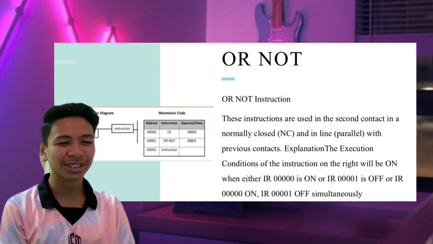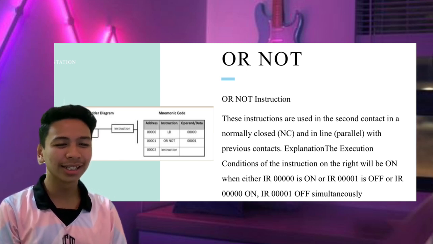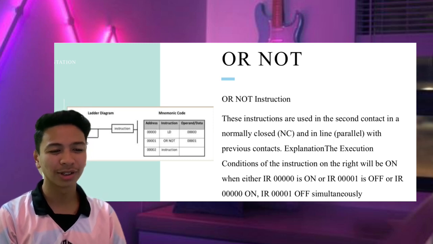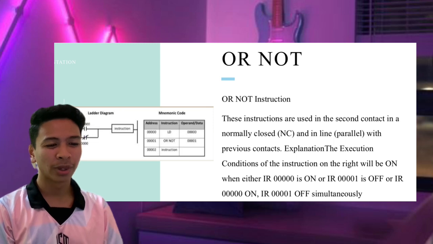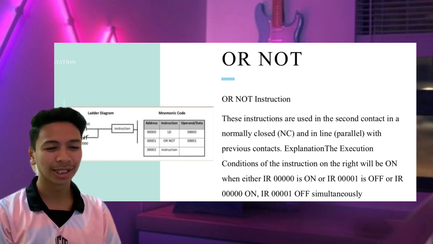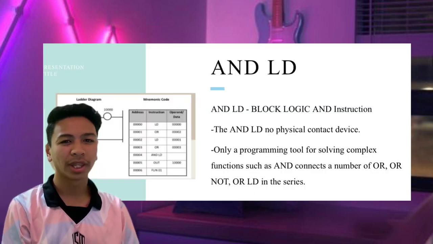The execution conditions of the instruction on the right will be on when either IR 00000 is on or IR 00001 is off, or IR 00000 on and IR 00001 off simultaneously.